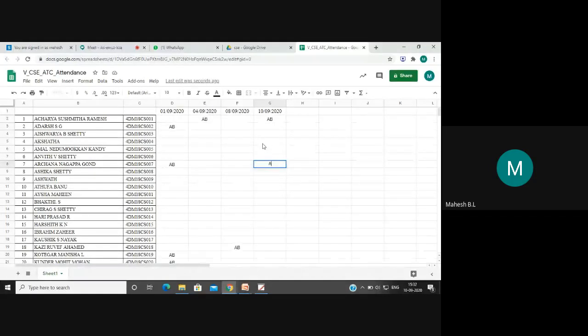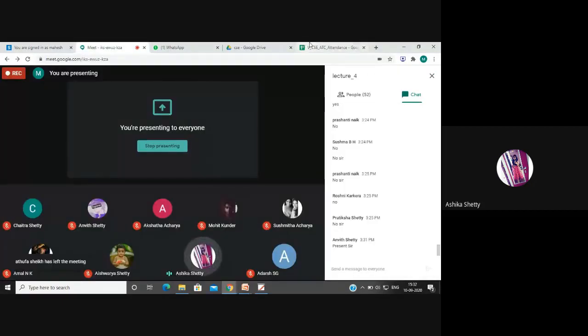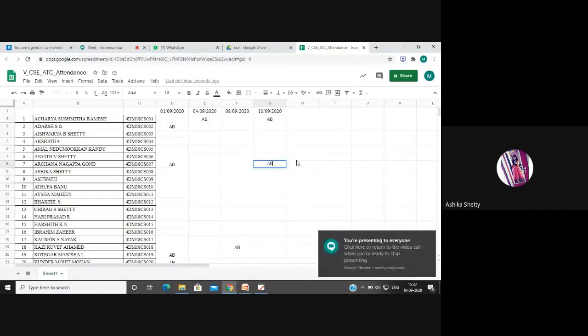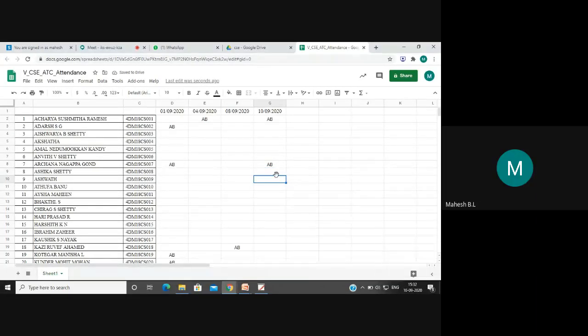Archana. Ashika, present, sir. Ashwath, present, sir. Atufa, present, sir. Aisha, present, sir. Bhakti, present, sir. Chirag, present, sir.